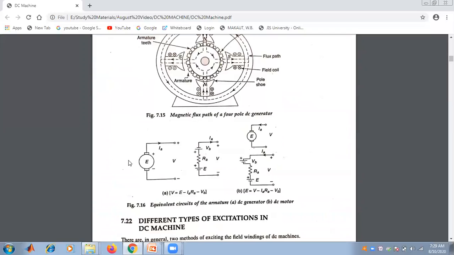This is for the DC generator and this is for the DC motor. Here E stands for the generated voltage, RA is the armature resistance, and VB is the brush contact voltage drop.